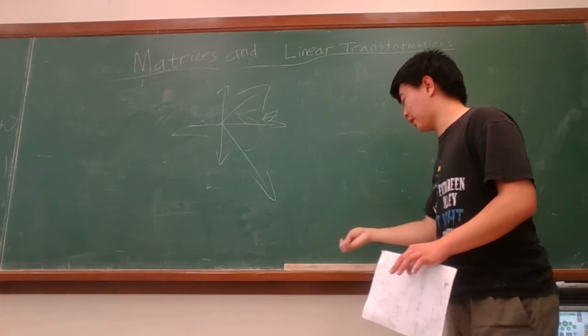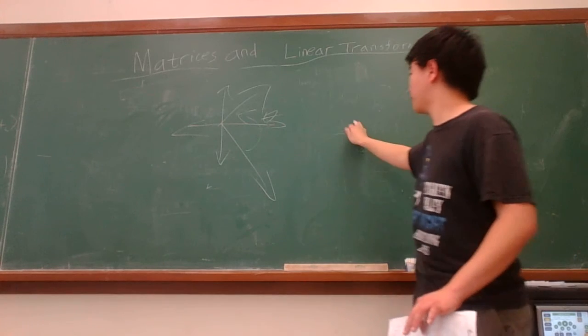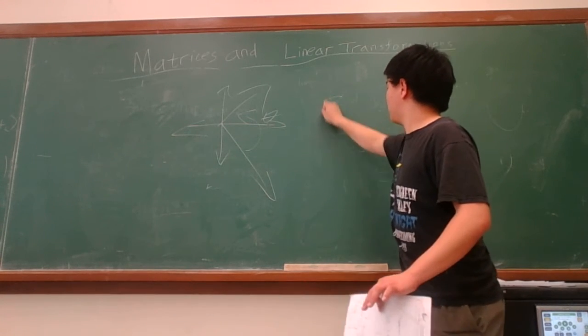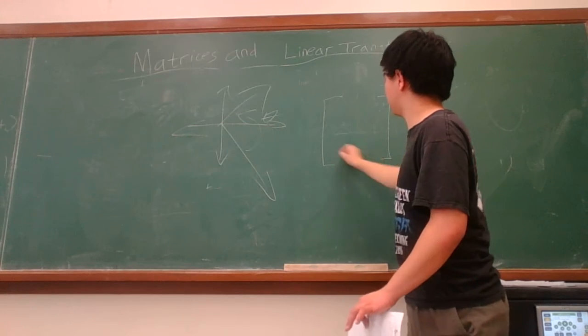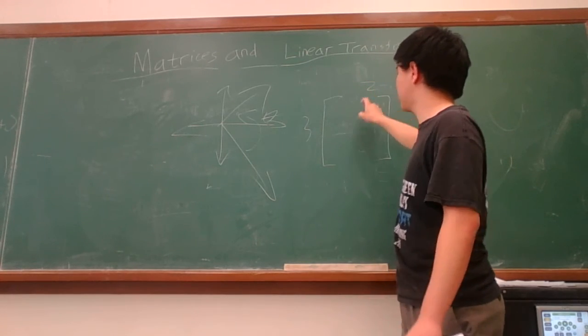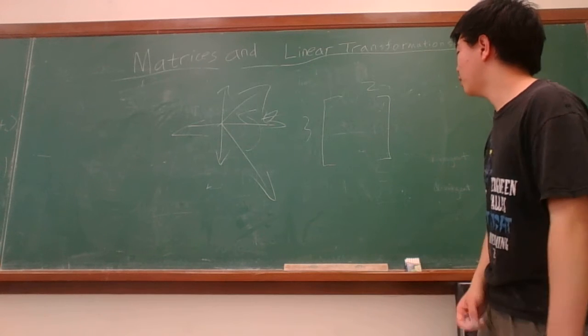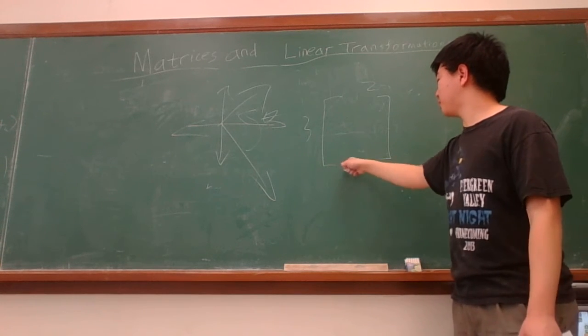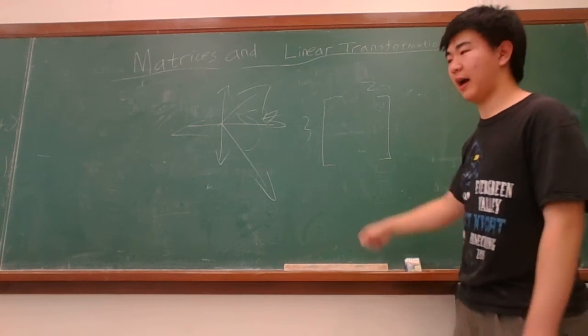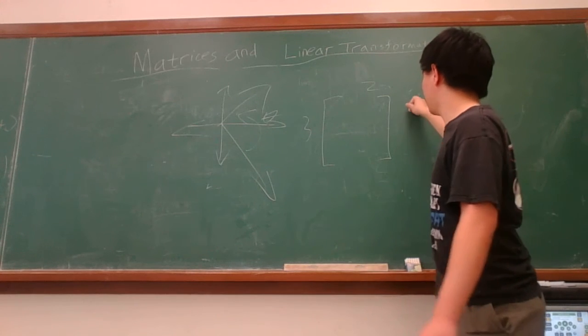So yeah, this is going to be 3 by 2. That's the first step. We have to know the dimensions. And why is it 3 by 2? Well, think about what happens when you multiply this, right? I already said that an m by n matrix multiplied by an n by p matrix gives m by p.